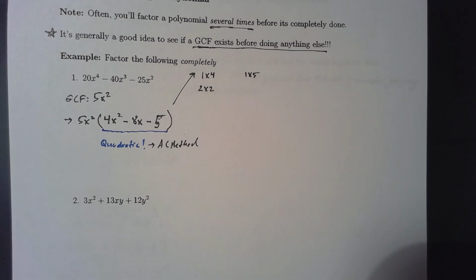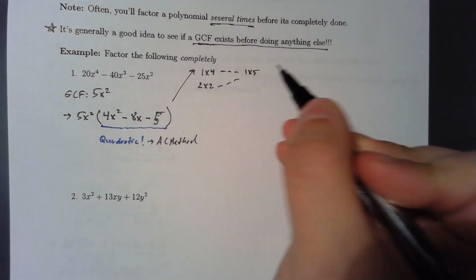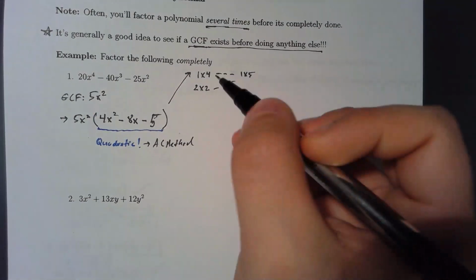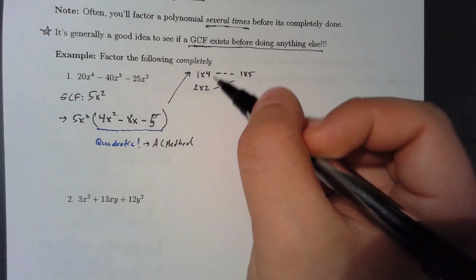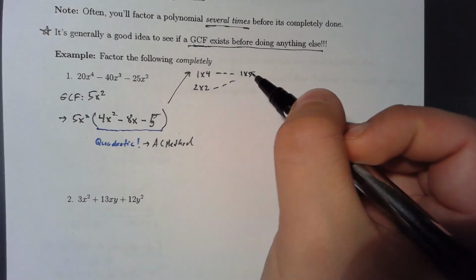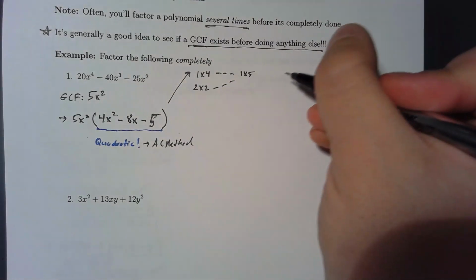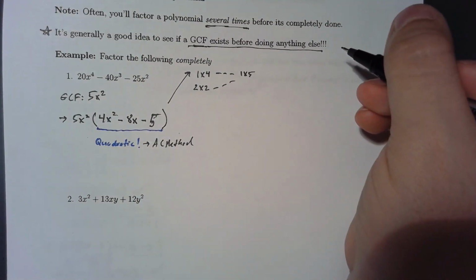Okay, so there's one pair, there's another pair. Because I have two combinations for the leading term, I'm going to have an additional pair for each case. So let's list all the pairs.